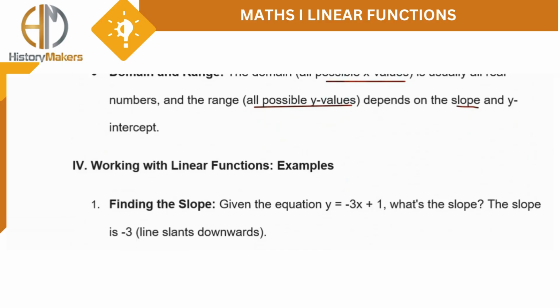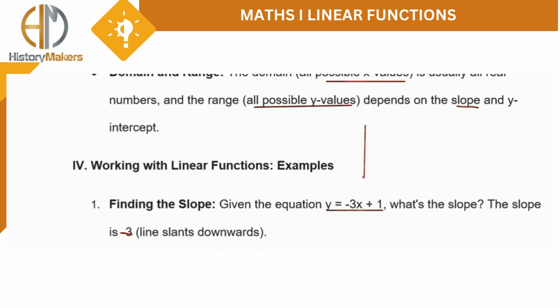Working with linear function examples. Let's say finding the slope given the equation. This is the equation. What's the slope? The slope is -3. So the line slants downwards.